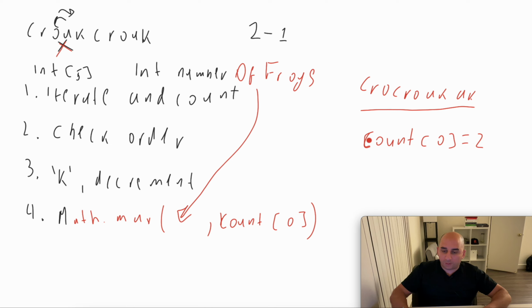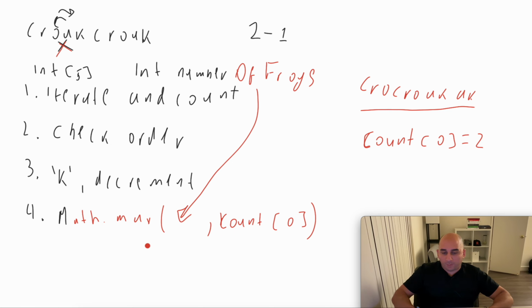So it means that two frogs already started yelling. So then the number of frogs that we need is at least 2. And we are gonna maintain that as we iterate over our string. At the end, we are gonna get the minimum number of frogs that is needed.